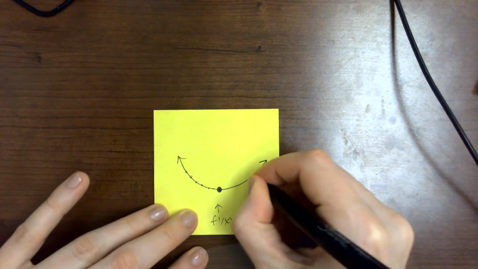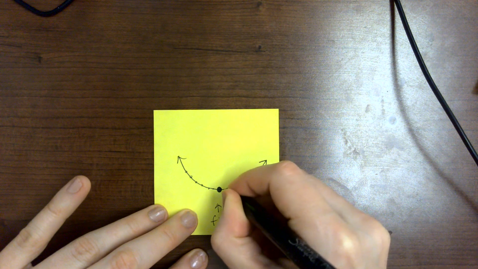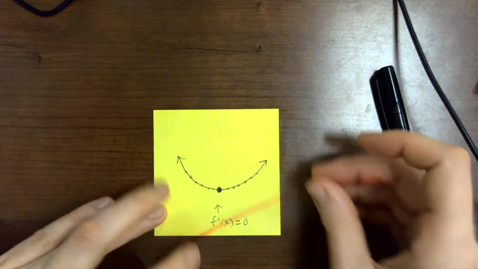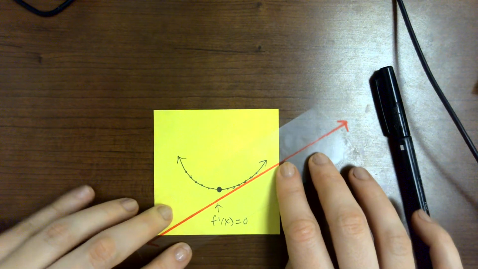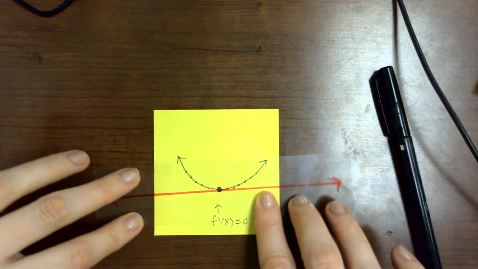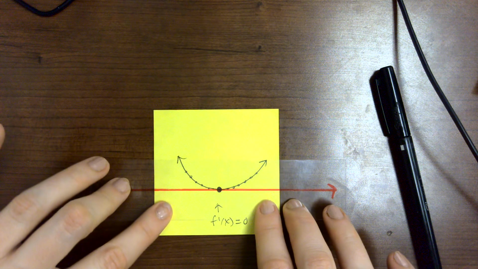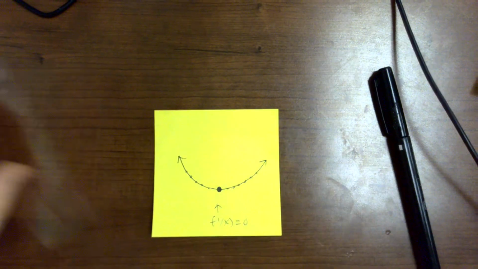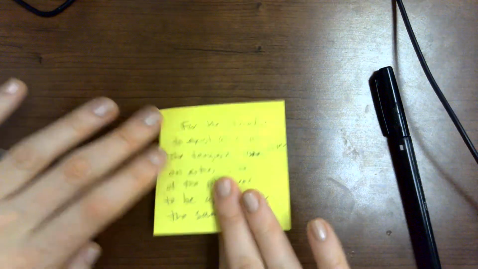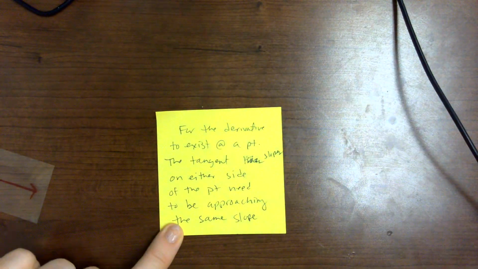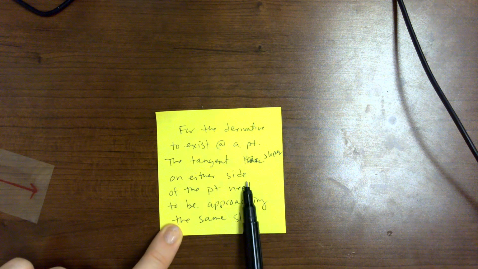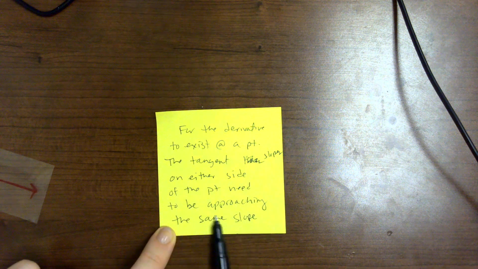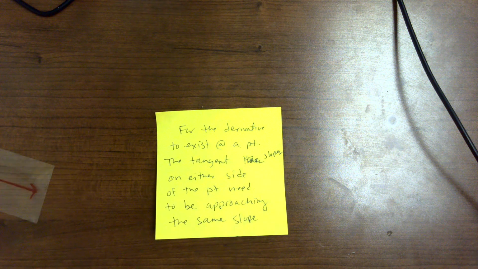Then as we approach from the right, again, it's smoothing out to a horizontal line. So let me say it again. For the derivative to exist at a point, the tangent slopes on either side need to be approaching the same slope. In that case, the tangent slopes from either side were approaching 0.